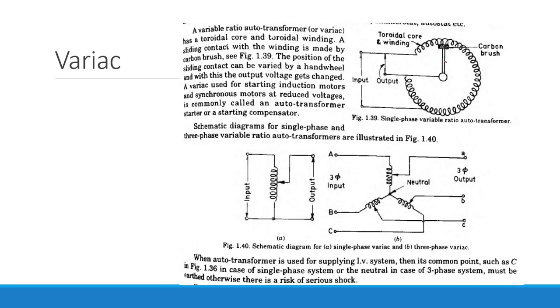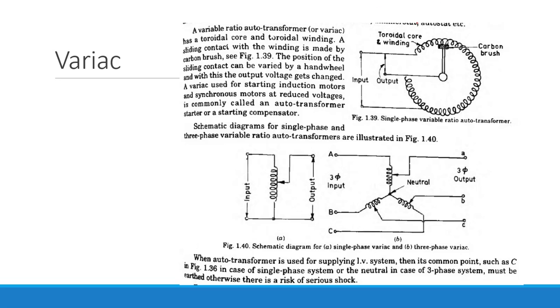What would happen when you vary that sliding contact? It is going to change your output voltage, as we have seen when moving from 0 position to 220 position. So it is changing its voltage.